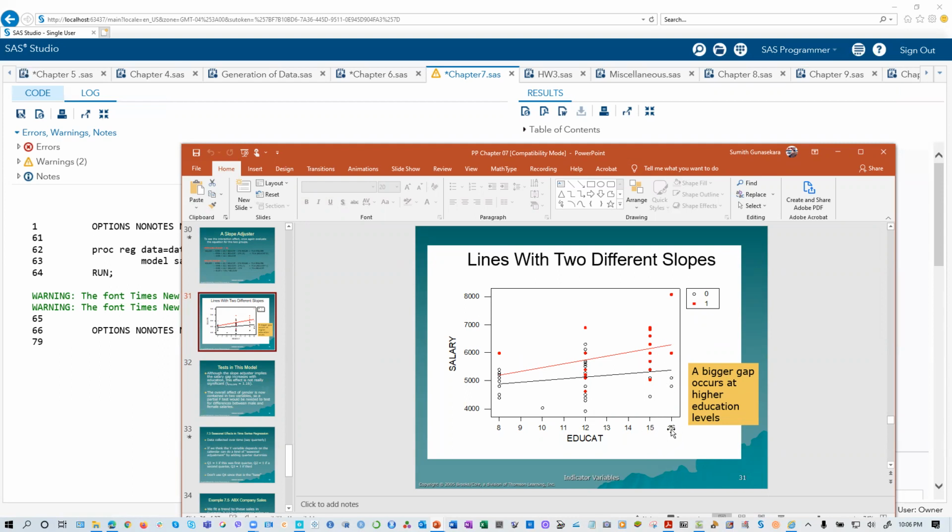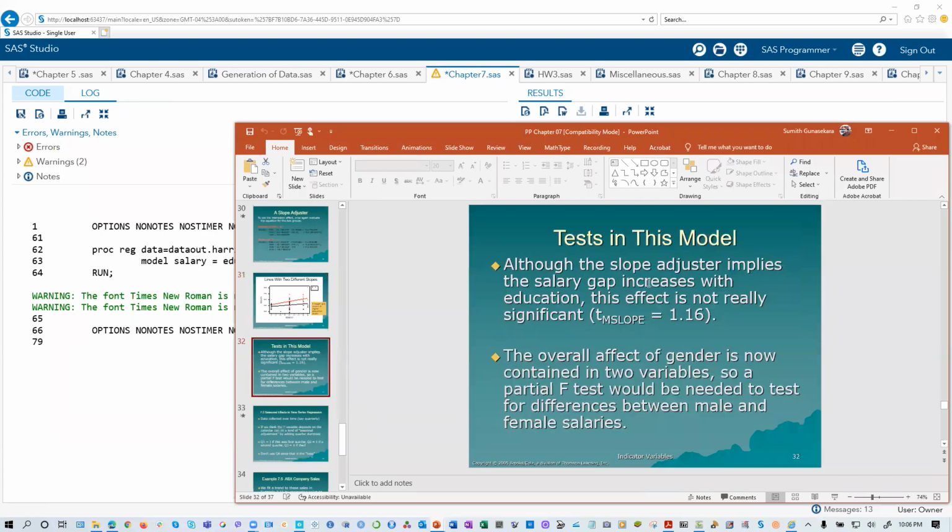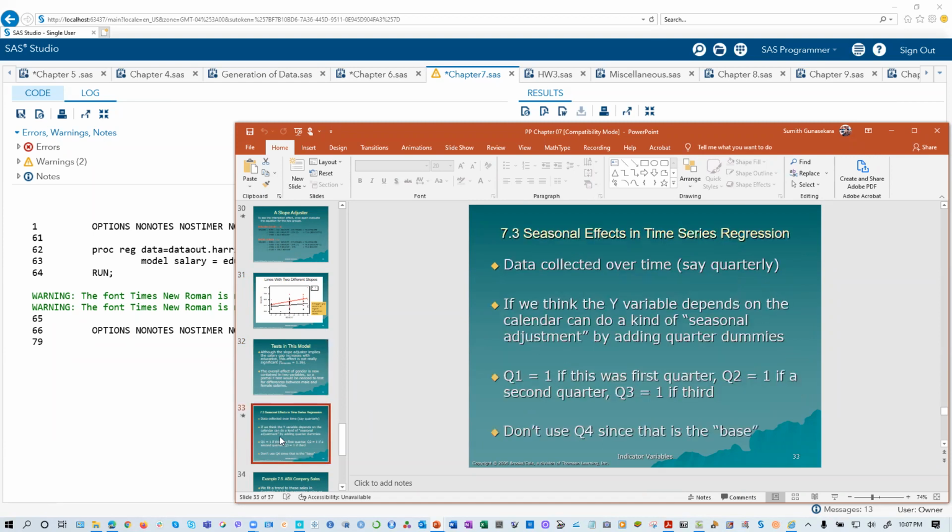I don't know if it's real data, but it's a very unfortunate situation because with the same experience, that gap is getting larger and larger. So that's why they say that even though it implies the salary gap increases with the education, this effect is not really significant.